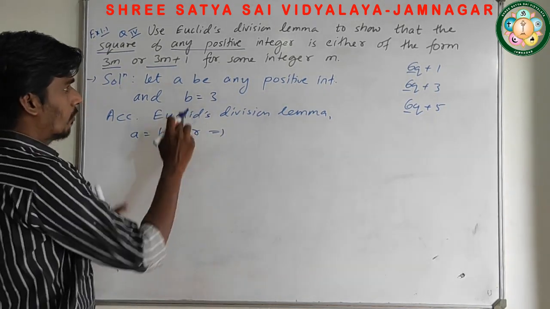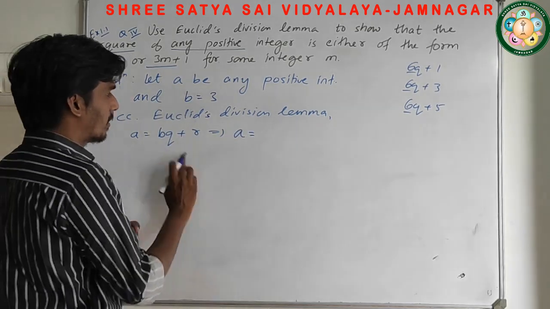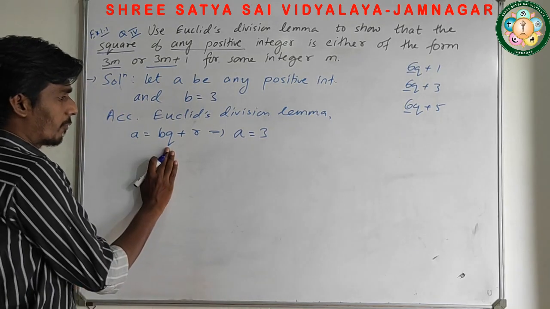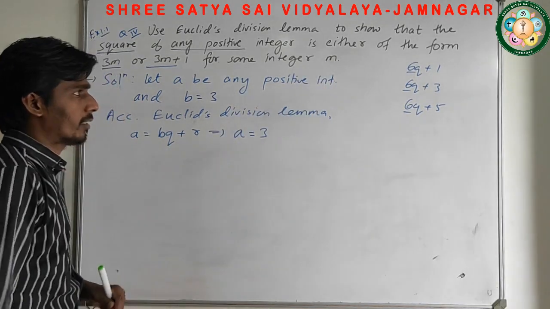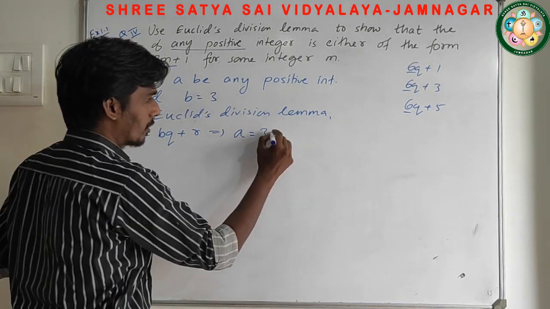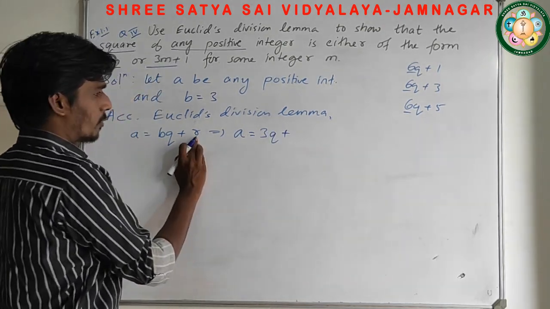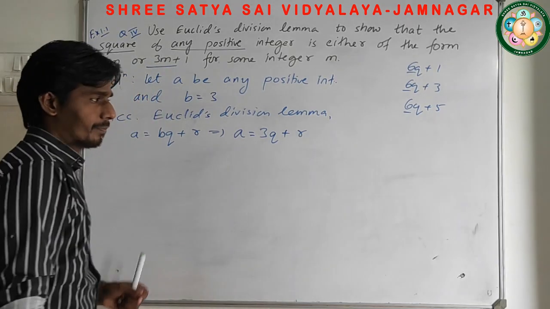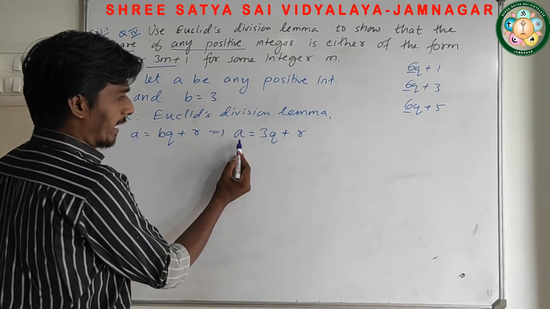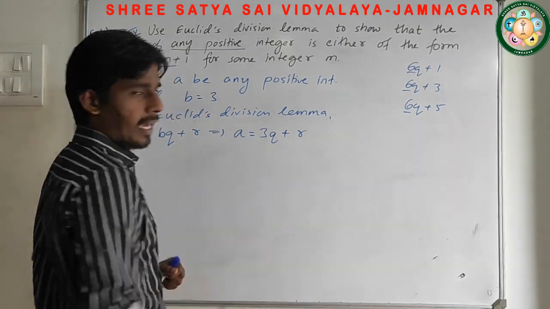Implies, now replace its value, a as it is. Now instead of b I am going to write down 3, and instead of q, just take q, plus the remainder r. Now here I got the equation a is equals to 3q plus r.